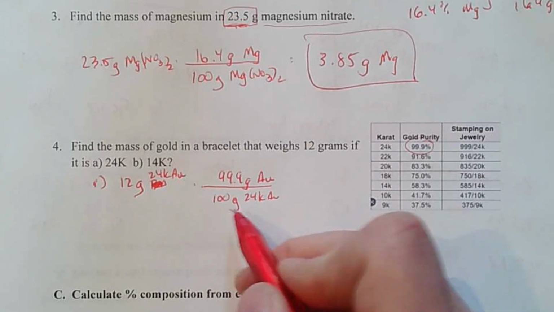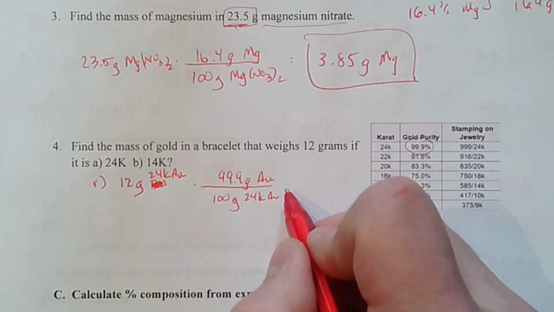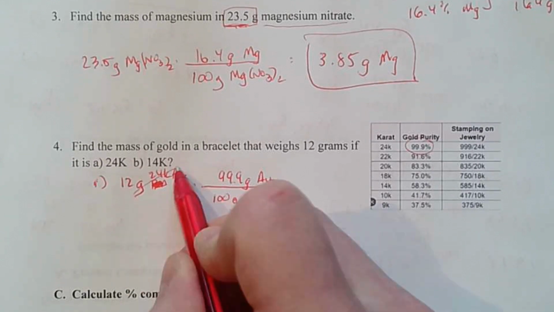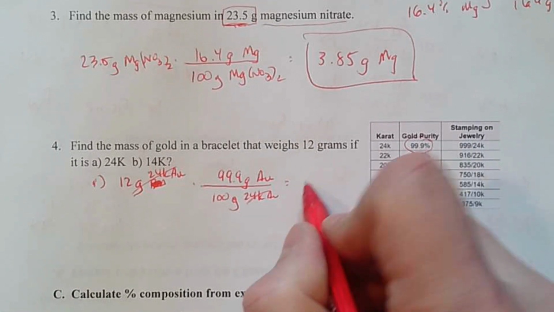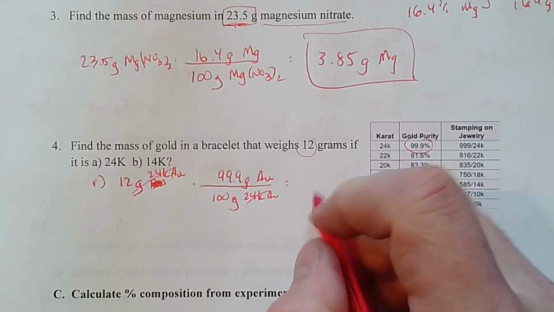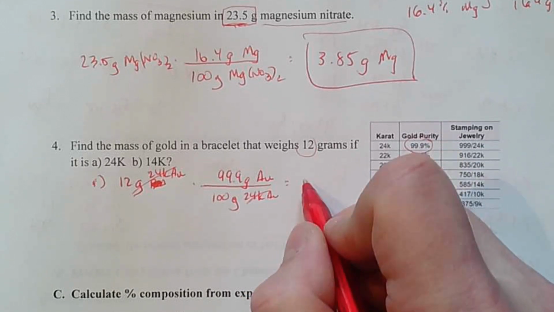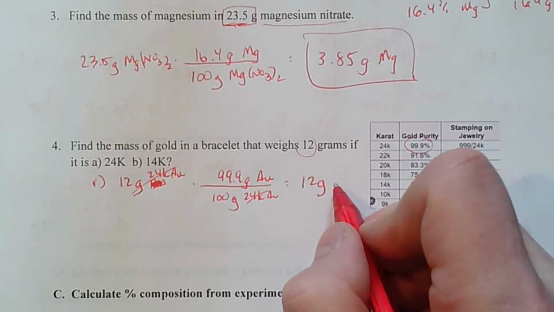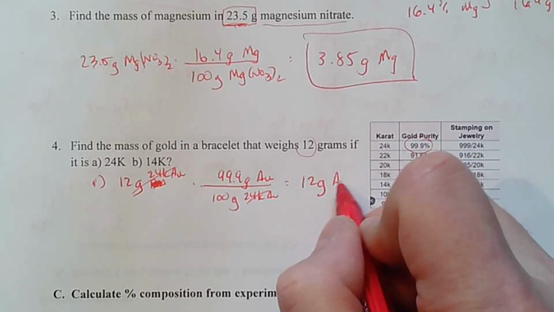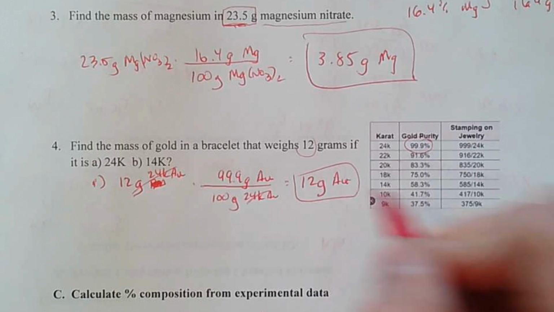That is the same as multiplying by this, and this just happens to work out with units. So 12 times 99.9 divided by 100. The calculator says 11.988, but with two significant figures, basically you've got 12 grams of gold.